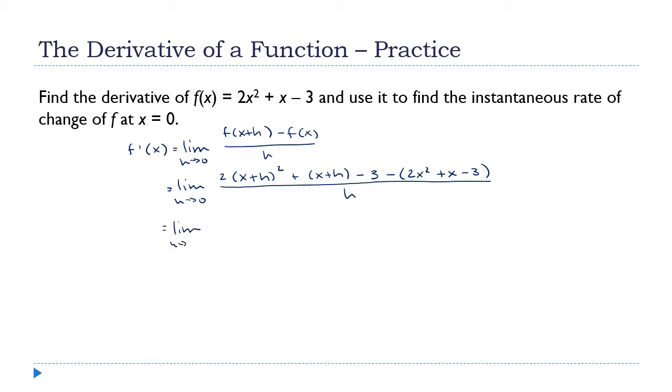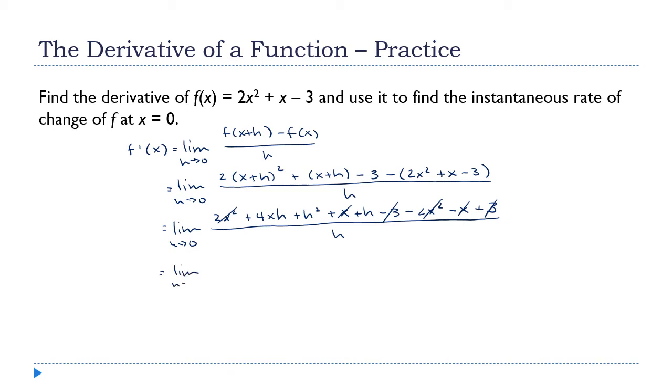The limit as h approaches 0 of 2x squared plus 4xh plus h squared plus x plus h minus 3, minus 2x squared minus x plus 3, all over h. Now, lots of stuff should cancel. 2x squared minus 2x squared, that's 0. x minus x, and minus 3 plus 3. Excellent.